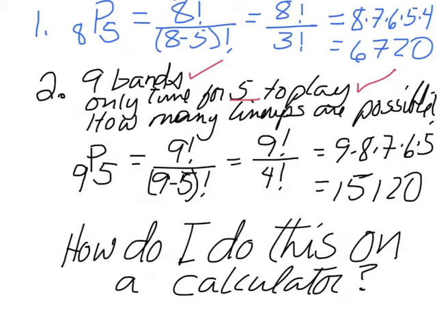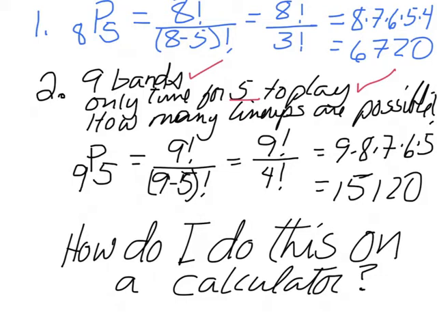Well, I am back, and as you can see, I've written out the solution to the problem in blue. 8 factorial over 8 minus 5 factorial, which is 8 factorial over 3 factorial. The 3 factorial cancels, and therefore you have 8 times 7 times 6 times 5 times 4, which is equal to 6720. For the 9 bands, you only choose 5 to play, so it is a permutation of 9 choose 5.